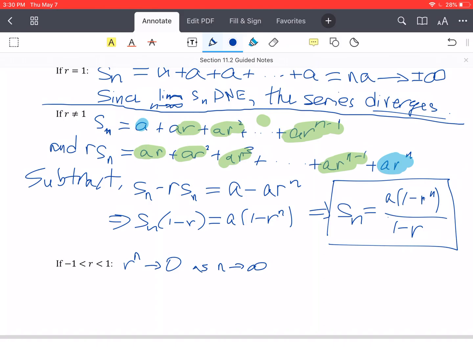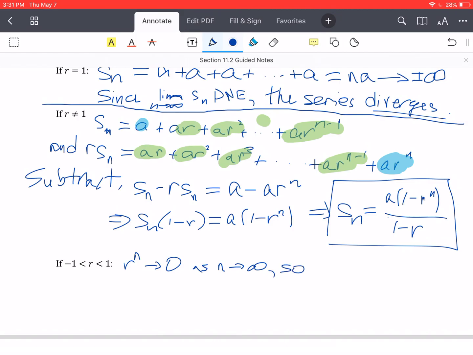If r is a fraction, right, between -1 and 1, as I raise it to higher and higher powers, the fraction is going to get smaller and smaller and smaller, right? 1/2 squared is 1/4. 1/2 cubed is 1/8. 1/2 to the fourth is 1/16. As you raise it to a higher power, the fraction gets smaller. So that means r^n approaches 0 as n gets towards infinity.